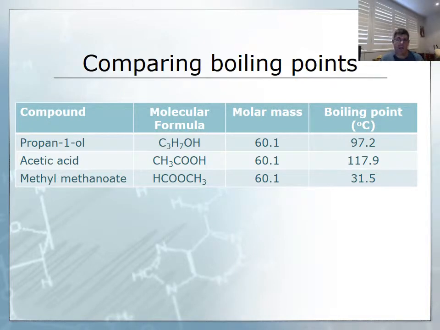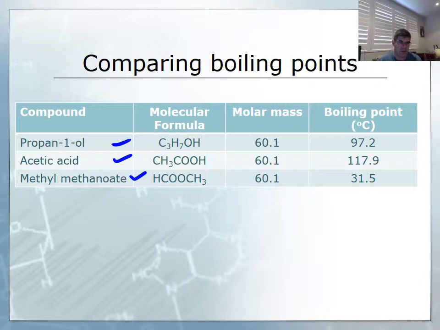So how do we look at this in practice, or at least give ourselves an example where we might have to explain this? Well, this one's a good example because if you look at the boiling points for the three substances here: propanol, which is an alcohol, acetic acid, which is a carboxylic acid, and methyl methanoate, which is an ester.